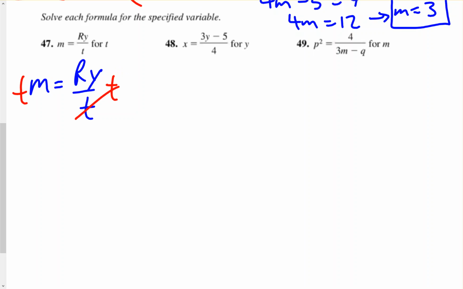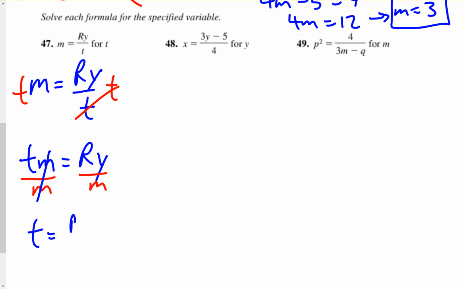That'll cancel with the t in the denominator. So we have tm equals ry. Okay, and then to get that t by itself, we could divide by m and divide by m. The m's would cancel, so we're left with t equals ry over m.